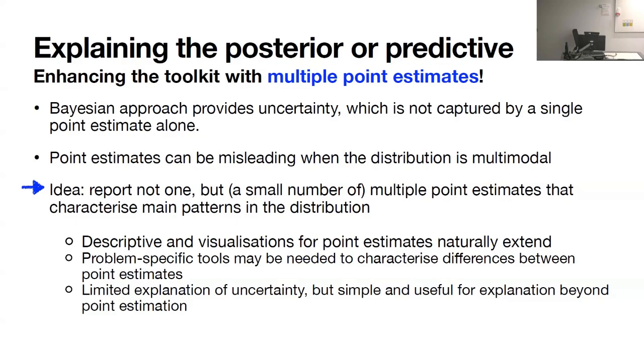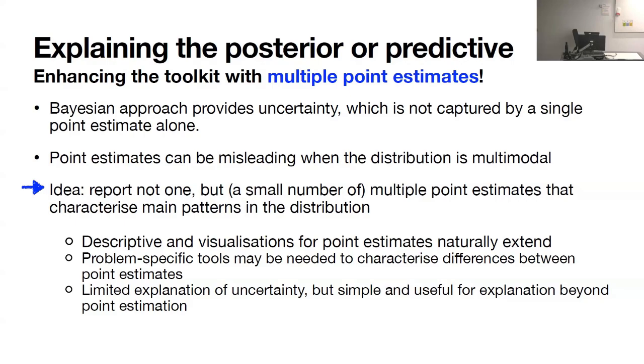So we just want to report a small number of multiple point estimates that characterize the main patterns in the distribution. So one nice thing about this is if we already have tools to describe and visualize a single point estimate, if we have now a small number of multiple ones, we can just use those same tools for each of those.